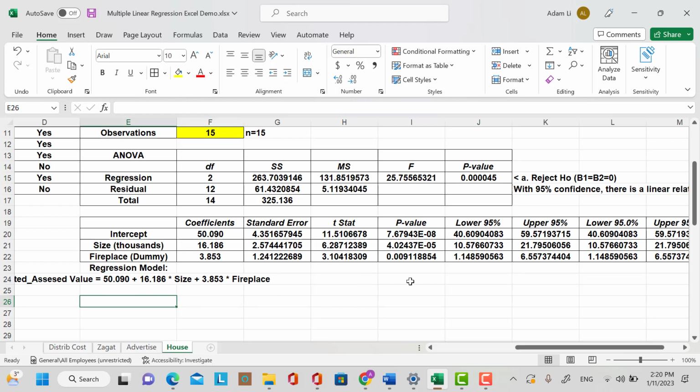Now let's interpret B1 here. B1 is 16.186.